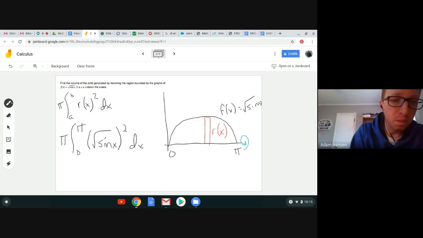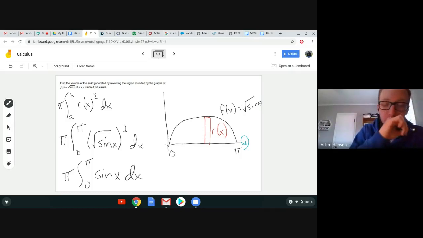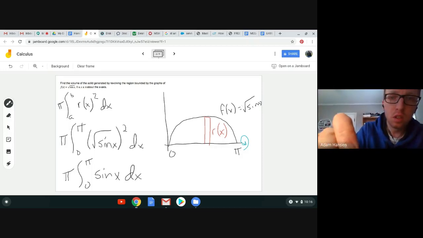All right, let's keep going. I'm going to simplify this as pi times the definite integral from 0 to pi of, well, if I square the square root of sine x, that just leaves me sine x dx. What is the antiderivative of sine? I believe that's going to be, what?